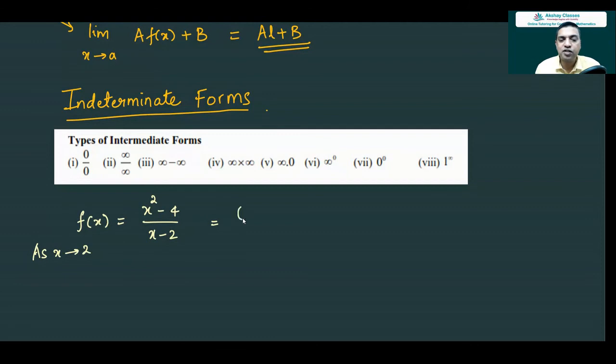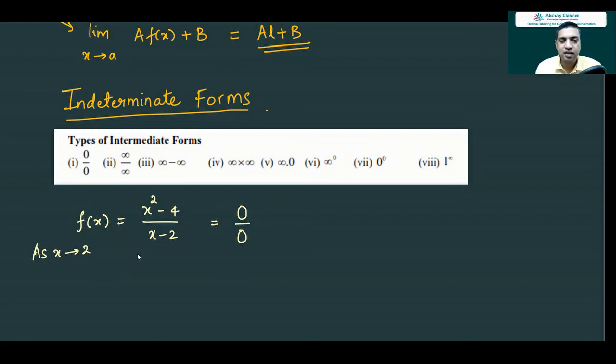Numerator is going to 0, denominator is also going to 0. If only the numerator went to 0, numerator upon denominator will be 0. If the numerator was not 0 and the denominator is going to 0, then you will get infinity. The value tends to infinity.